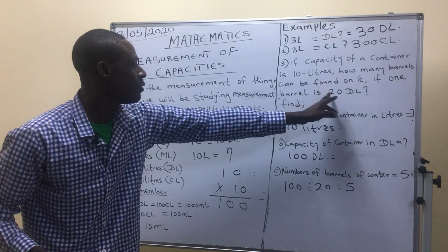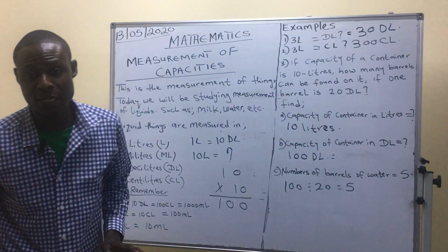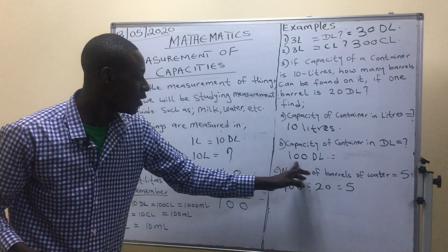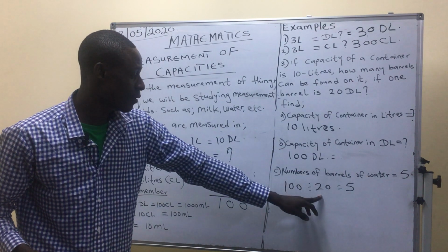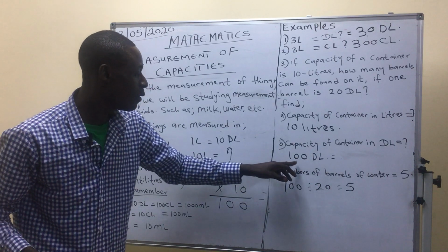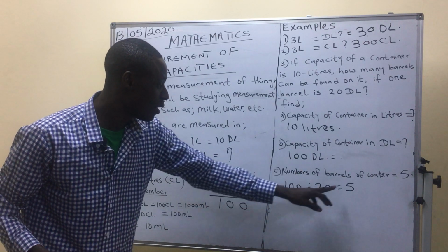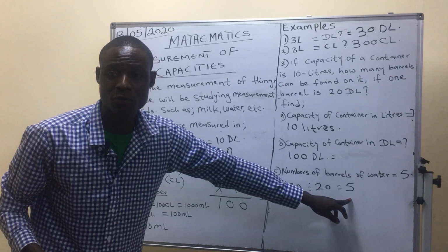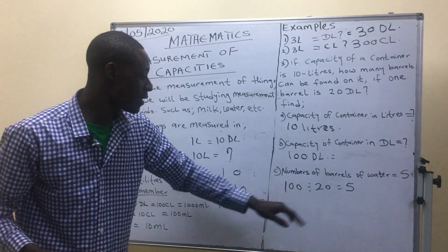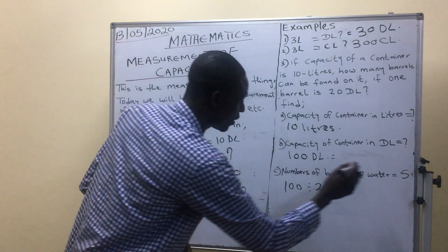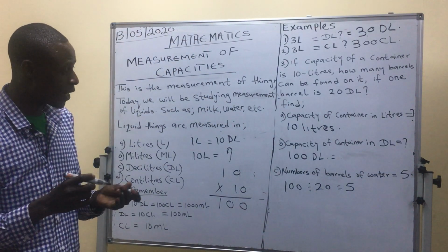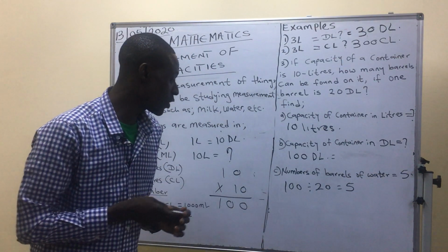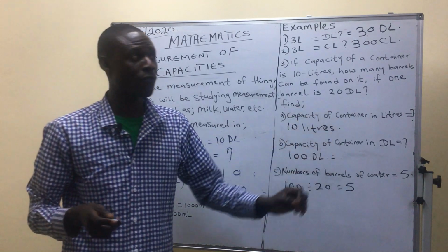If 1 barrel is 20 deciliters, it means you have to divide the total number of deciliters by 20. If you divide 100 by 20, you will have 5. So the answer is the number of barrels is equal to 5.